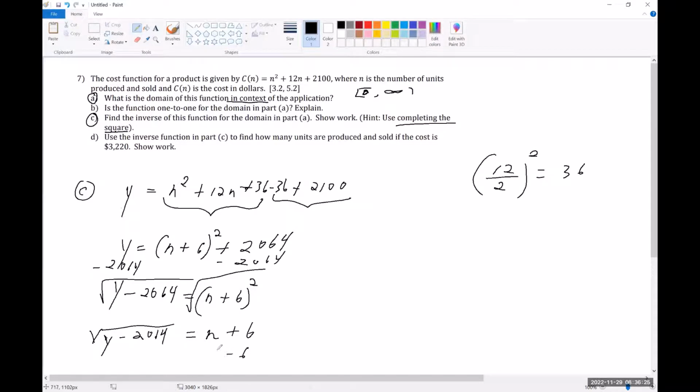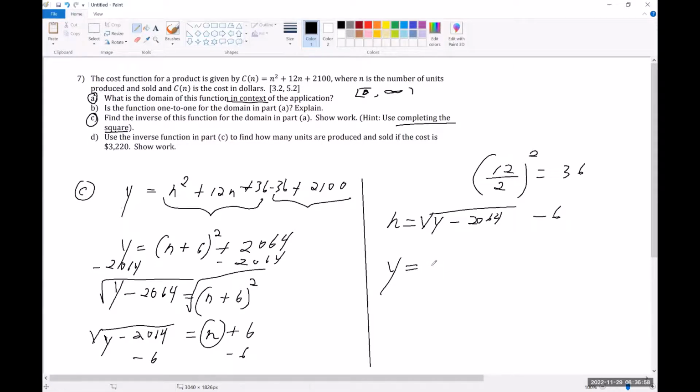And then the last thing, I've got 2 more steps. I'm going to move these 2 opposite ends just because it's what I need to do. And now I'm going to swap the y and the n.